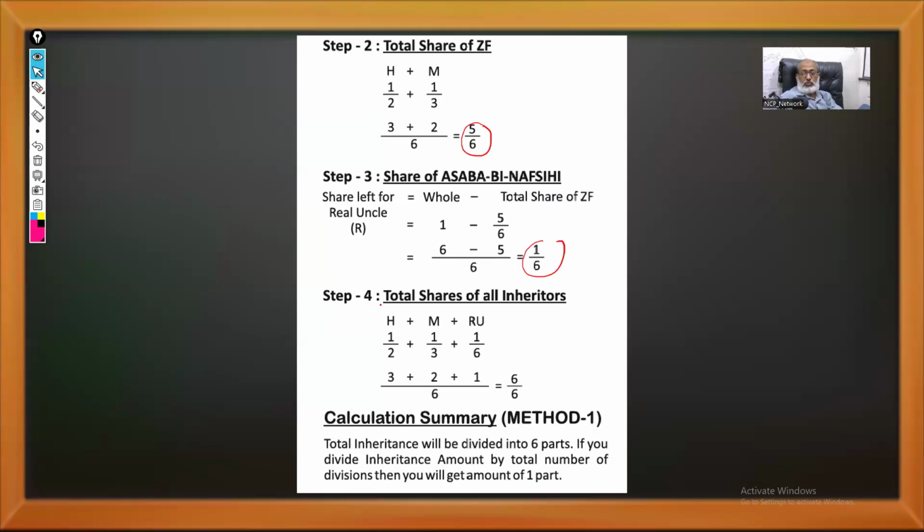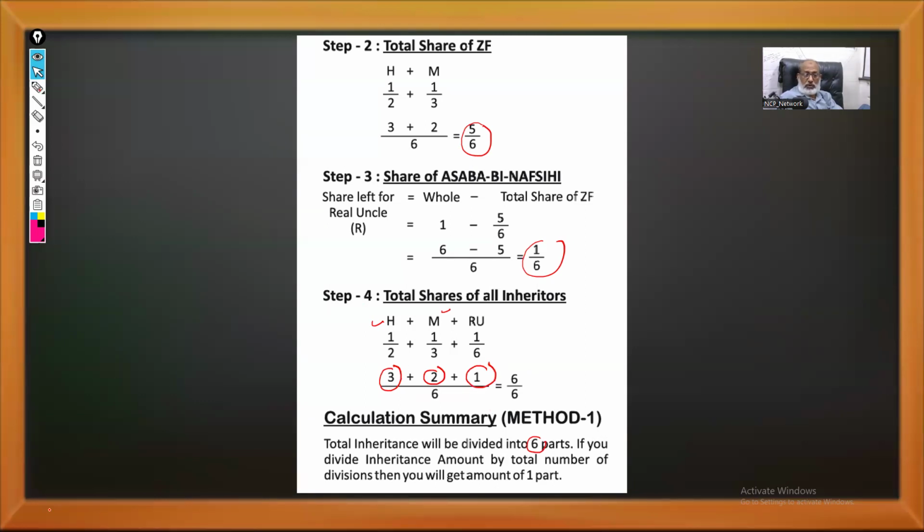It means in step number 4, if we put the value of all the heirs, we can see that the whole property will be divided into 6 parts, and from the 6 parts, 3 parts will go to the husband, 2 parts will go to the mother, and 1 part will go to the real uncle.